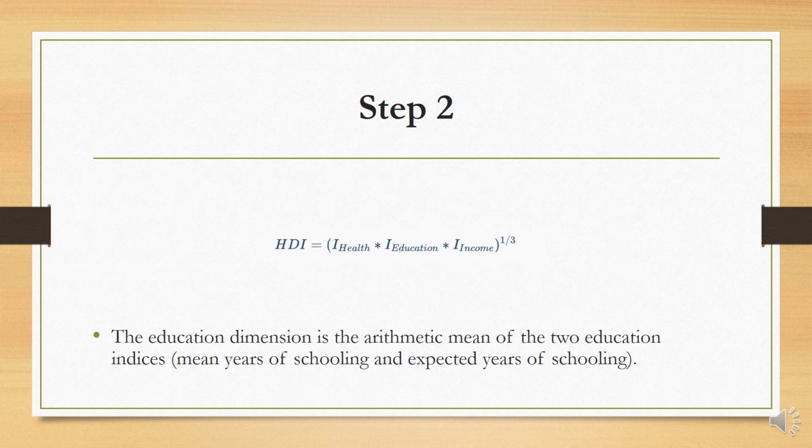Here is the formula for the HDI: index of health multiplied by index of education multiplied by index of income, whole raised to the power 1 by 3, or cube root. The education dimension is the arithmetic mean of the two education indices, mean years of schooling and expected years of schooling.